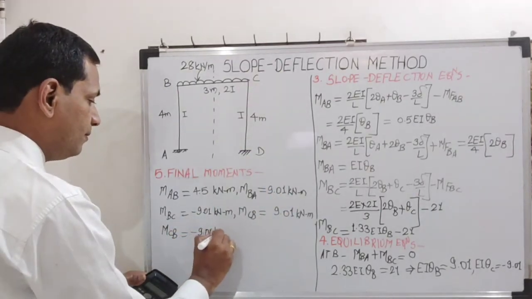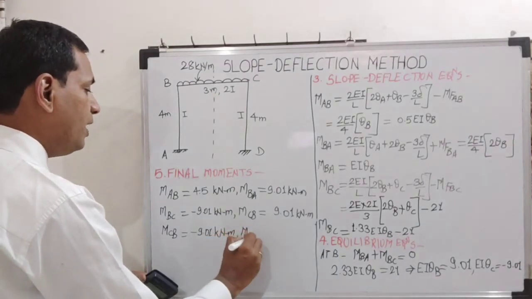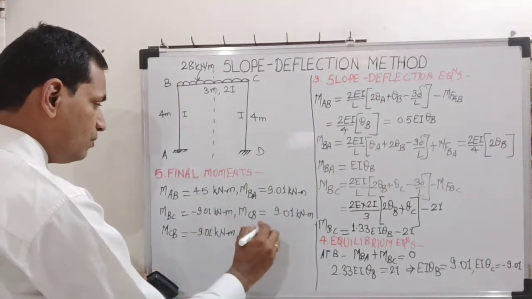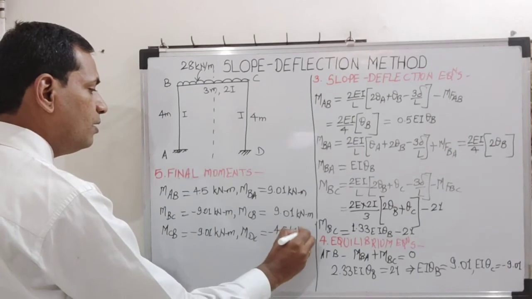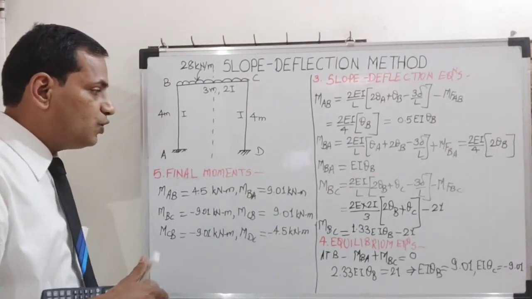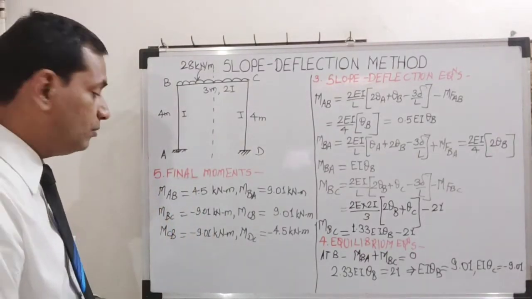Simple. And what about the final one? MDC has to be equal and opposite of AB, so minus 4.5. Now we will just show these values in the loading diagram.